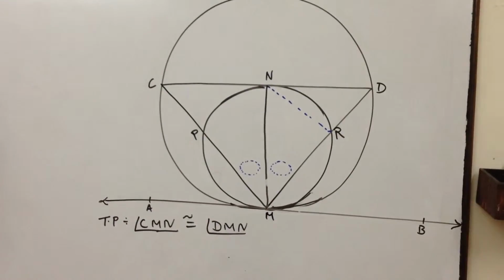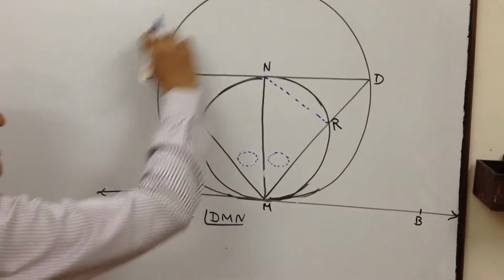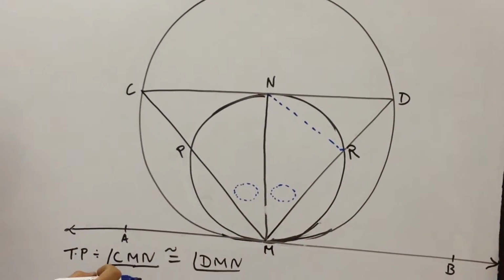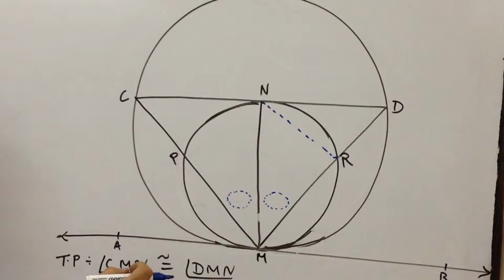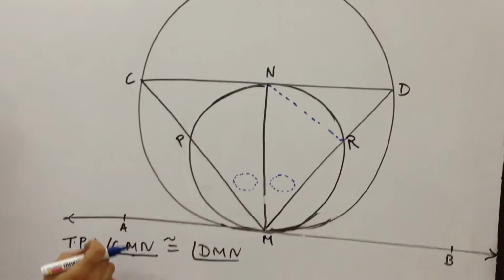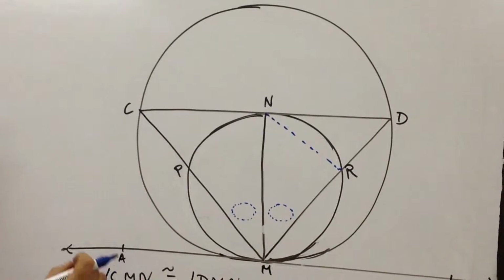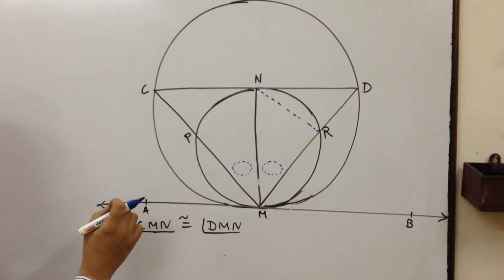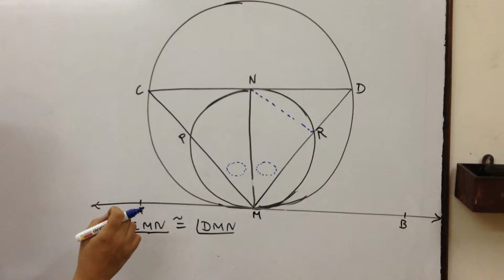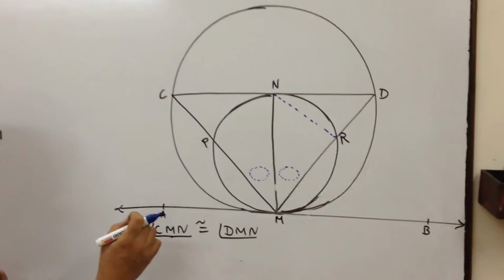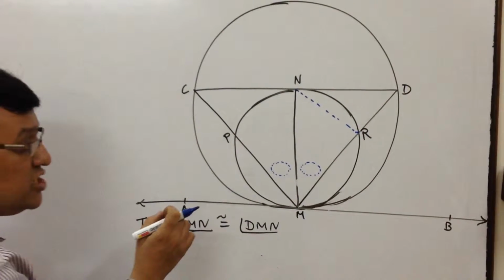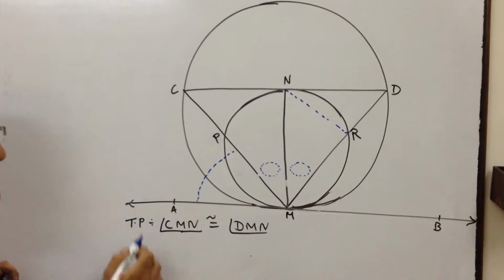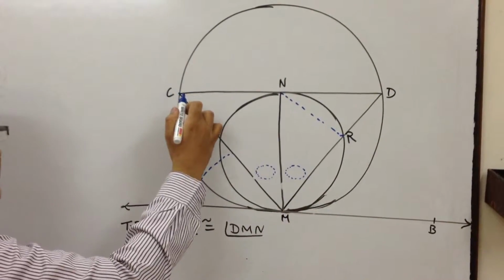To start off, focus on the larger circle. What becomes the inscribed angle and what becomes the tangent secant angle? See this angle: is it a tangent secant angle for the larger circle?